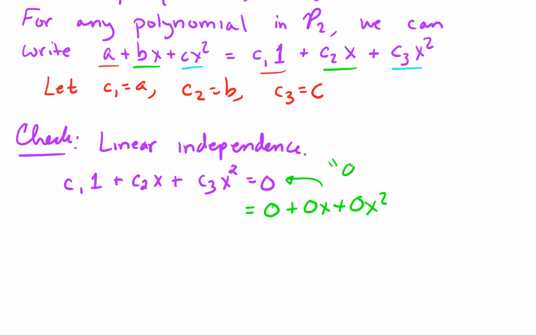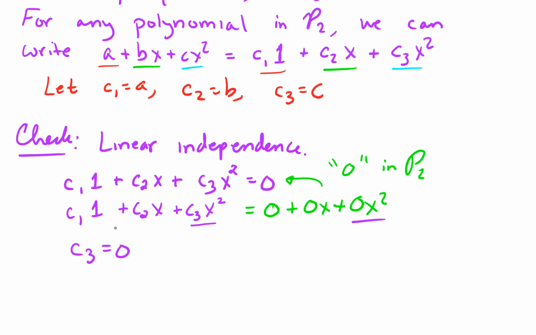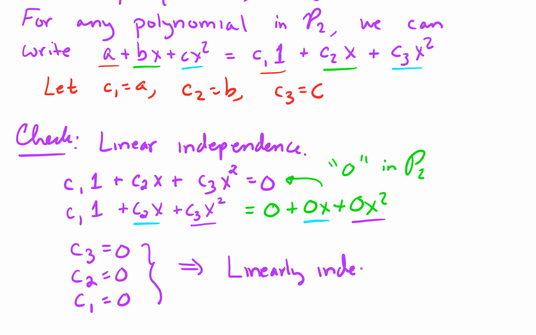That is the 0 in P2. And so again, when we equate the coefficients, what we find is that x squareds equate to x squareds. This equation has to hold for any choice of x, so it must be true that C3 equals 0, and similarly equating our linear terms, it must be true that C2 equals 0, and equating our constant terms, it must be true that C1 equals 0, and this implies that our set is linearly independent.